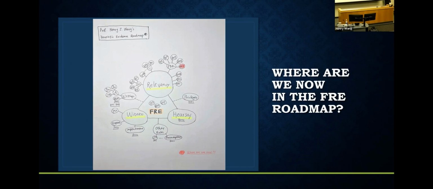So you can see the large circles. The 3 largest circles I draw here are relevancy, witness, and hearsay. That covers most rules of evidence.